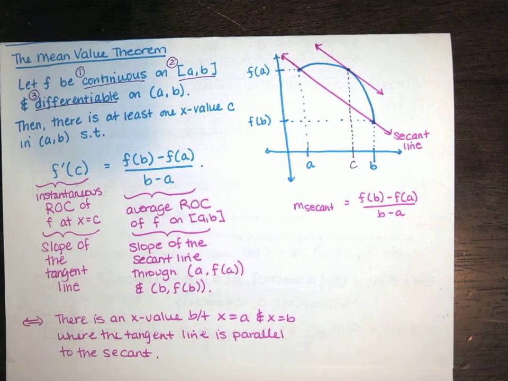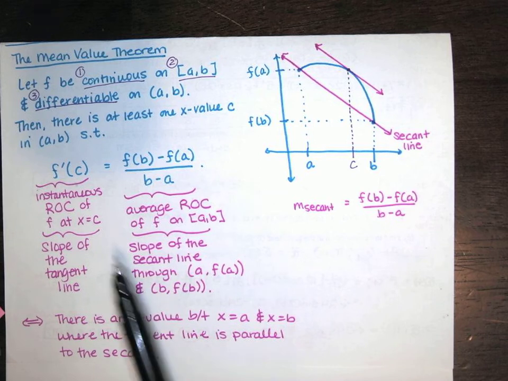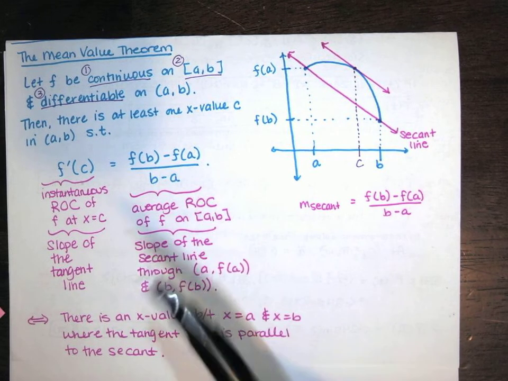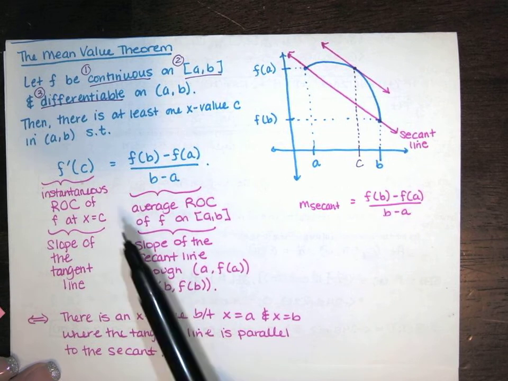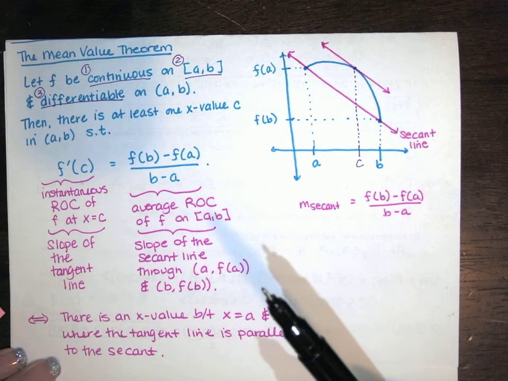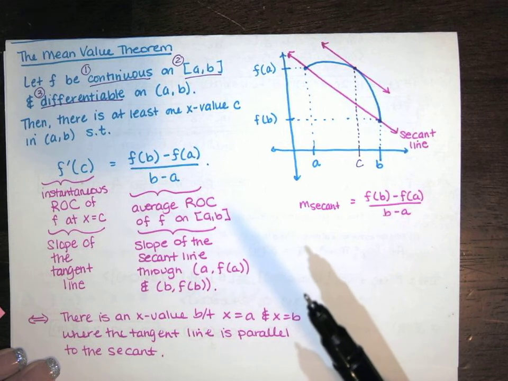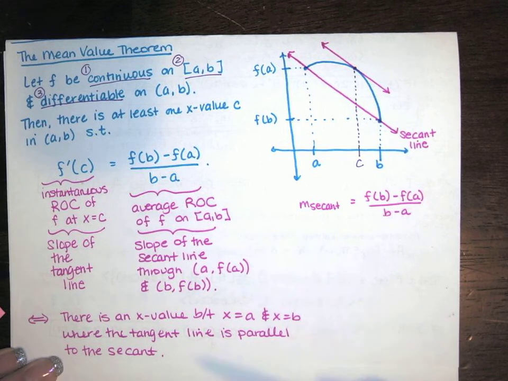I think police departments are actually using the mean value theorem sometimes to determine whether someone was speeding on some interval. So this is how it would work. Let's say you're on the highway and you go 150 miles in 2 hours.